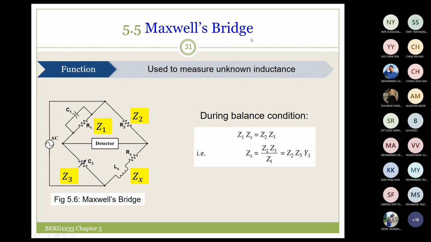For the Maxwell bridge you need to memorize this configuration: Z1 is R1 in parallel with C1, Z2 is only R2, Z3 is an adjustable C3, and Zx is a combination of Rx and Lx.